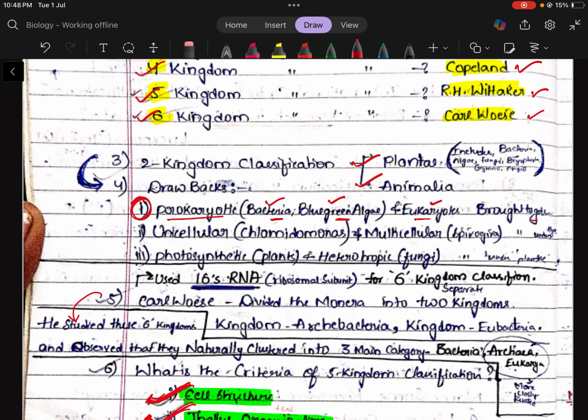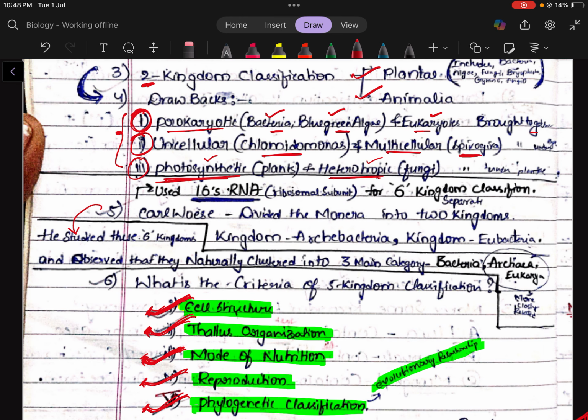Next one is unicellular and multicellular organisms. Unicellular like Chlamydomonas and multicellular like Spirogyra are both joined together into the same group. And there is no separation between photosynthetic and heterotrophic, fungus and plants. So these three are the drawbacks of two kingdom classification.